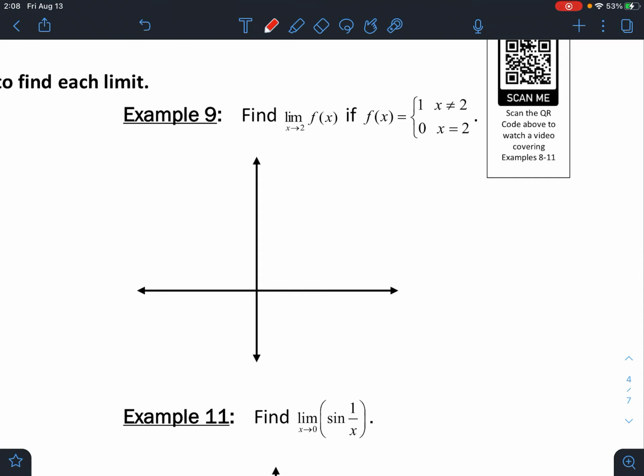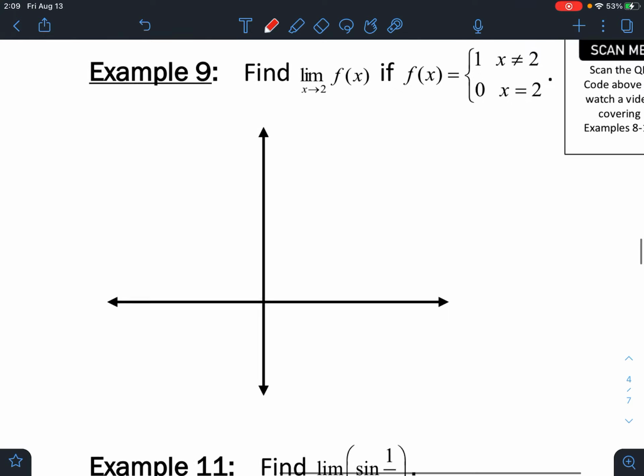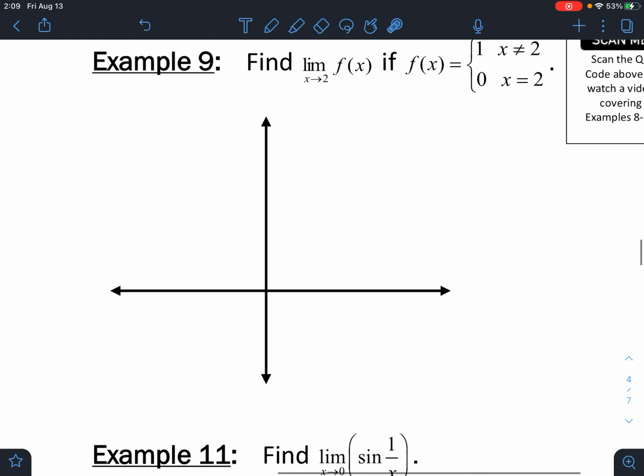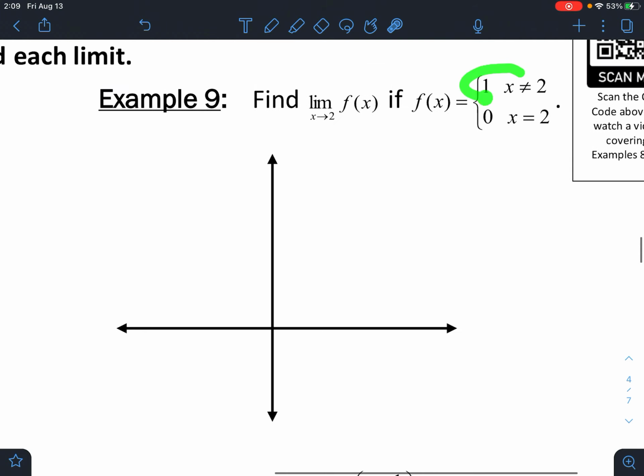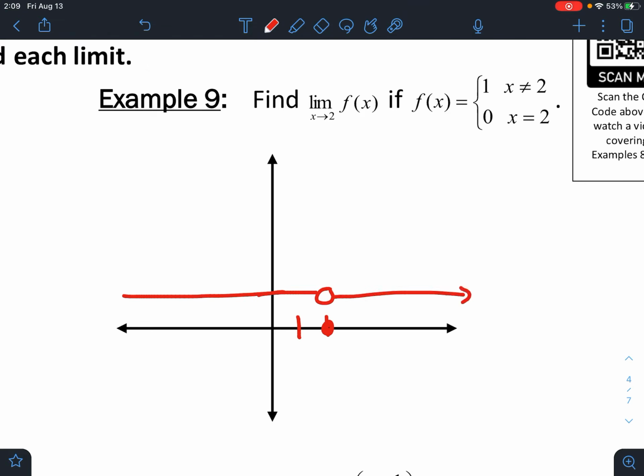Example 9. Okay, this is a piecewise function. We shouldn't need a graphing device to graph this one here. It's just a horizontal line everywhere but x equals 2, and then the point 2 comma 0. So let's plot the point 2 comma 0 first. And everywhere but x equals 2, we're going to graph the line y equals 1.